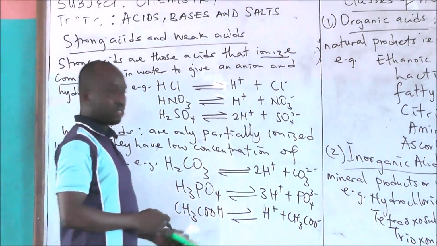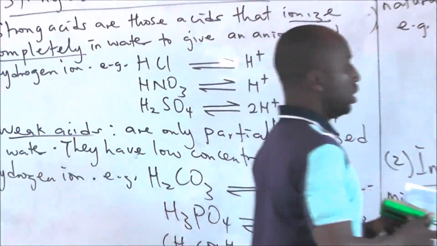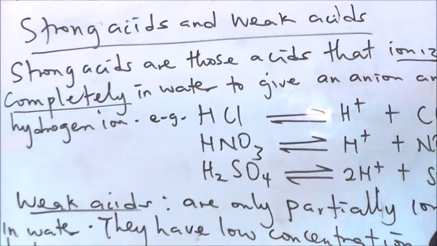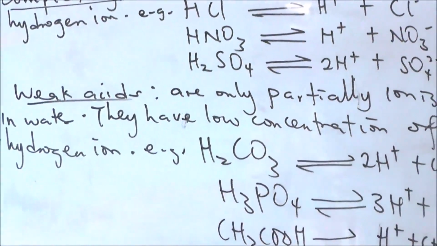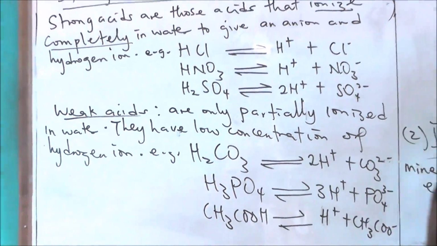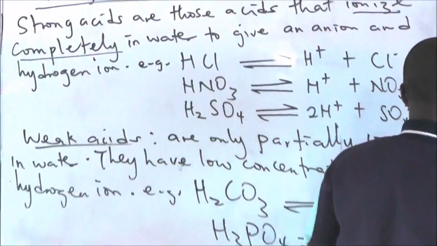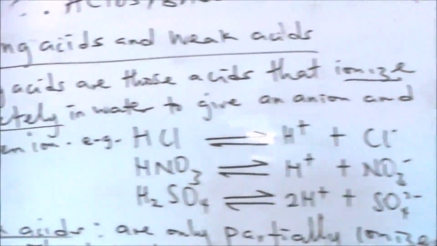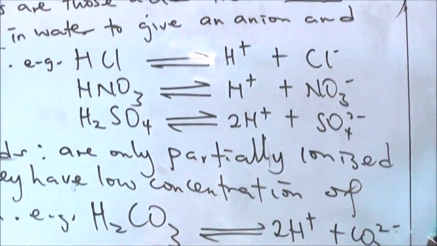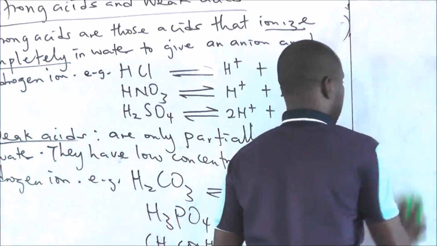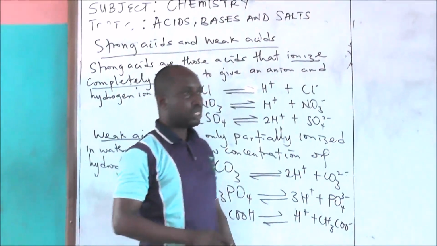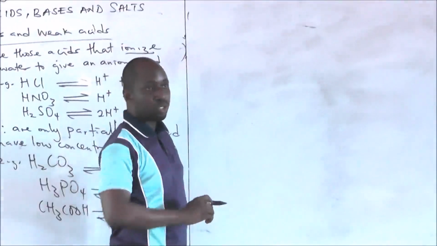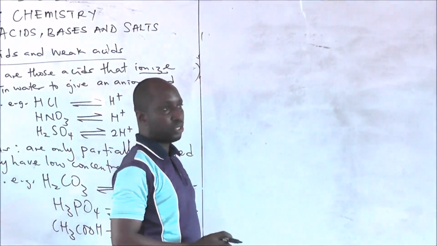Now, let's also look at concentrated acid and dilute acid. When you have a large amount of water in a small amount of acid, we say the resulting solution is a dilute acid.